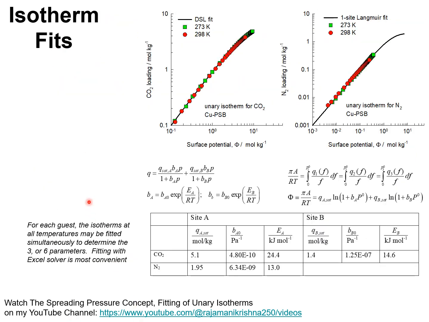We begin by examining the isotherms for CO2 and nitrogen. Measurements of these isotherms have been reported at a variety of temperatures for both gas molecules.